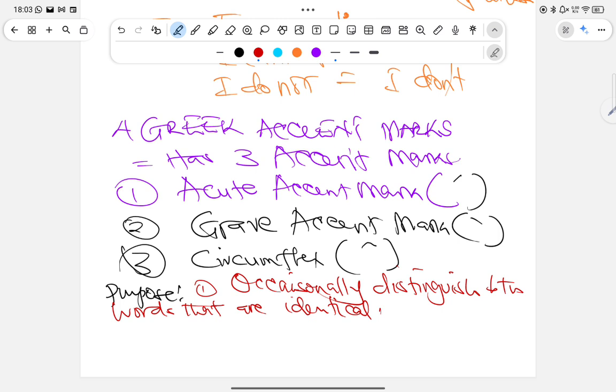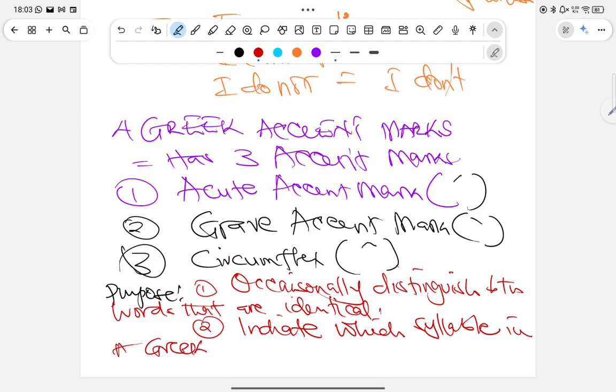Okay, and number two, it indicates which syllable in a Greek word is to be stressed in pronunciation.